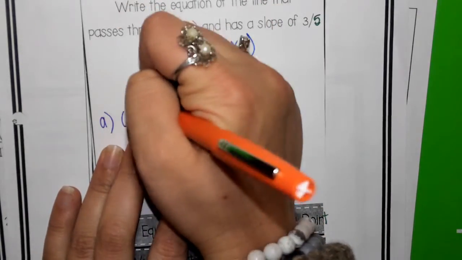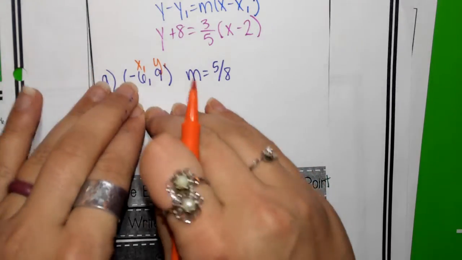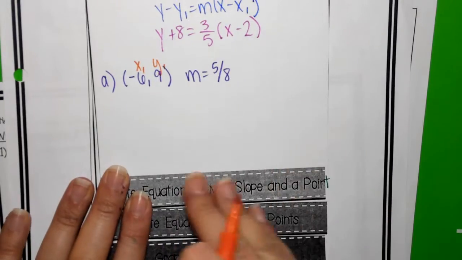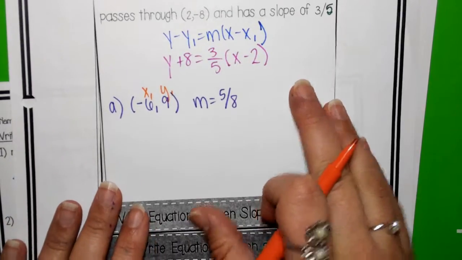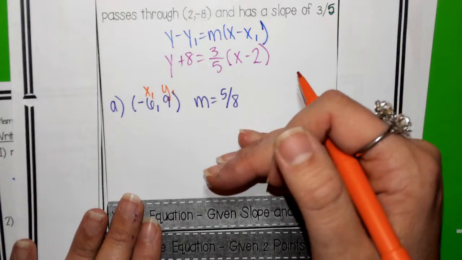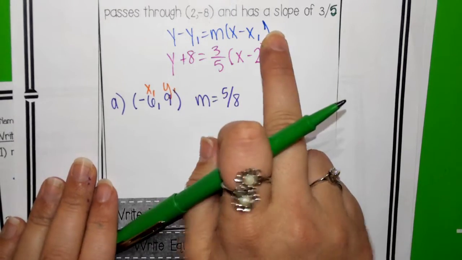Alright, so you should have labeled X1, Y1. Now, everybody needs to label. Because even though you may be the greatest point slope writer that has ever entered this math classroom, you still need to label so that you understand what's happening. I want to see you label. Now our formula is Y minus Y1.